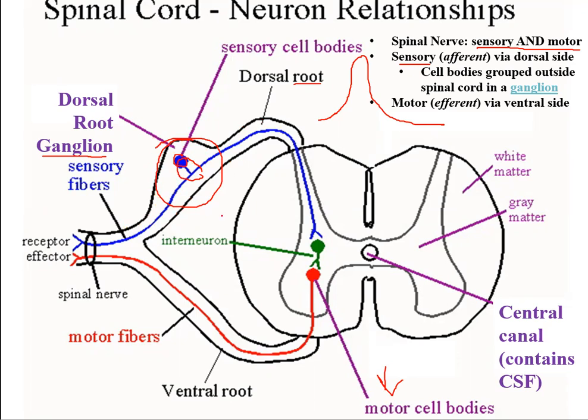And here, this happens to be on a root, one of the two branches of the spinal nerve, which is called the dorsal root. So this little bulbous thing is the dorsal root ganglion, a group of sensory neuron cell bodies that is really close to the spinal cord. The sensory information is therefore delivered into the spinal cord via the dorsal root. And here we can see it's going to synapse with an interneuron.